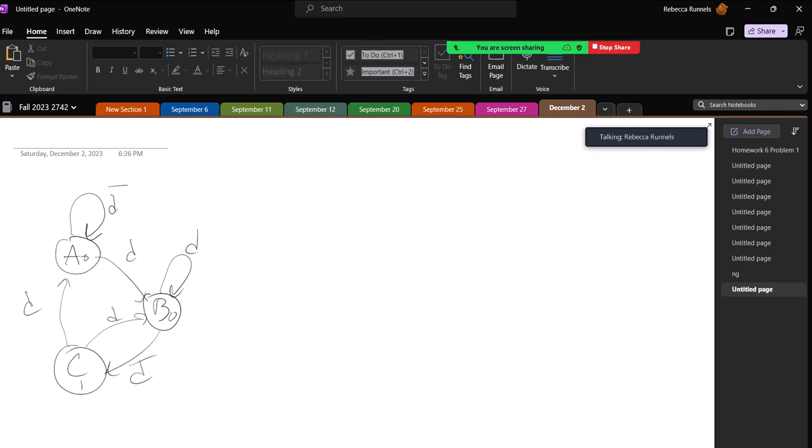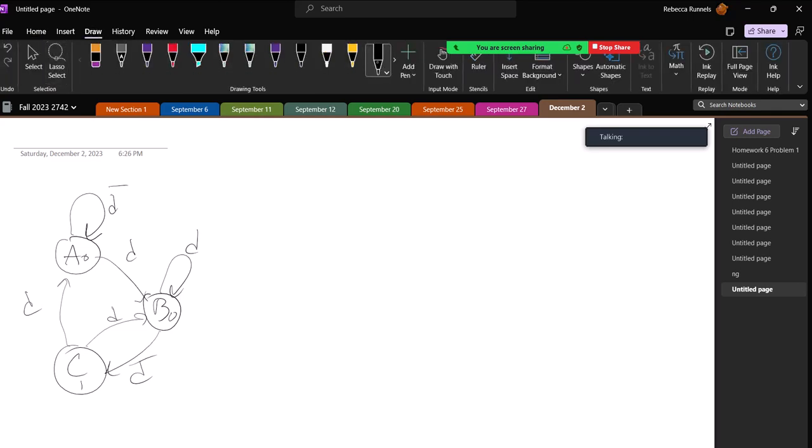I can say that I've got my table. So present state, next state, output. My next state depends on my input, D equals 0, D equals 1.